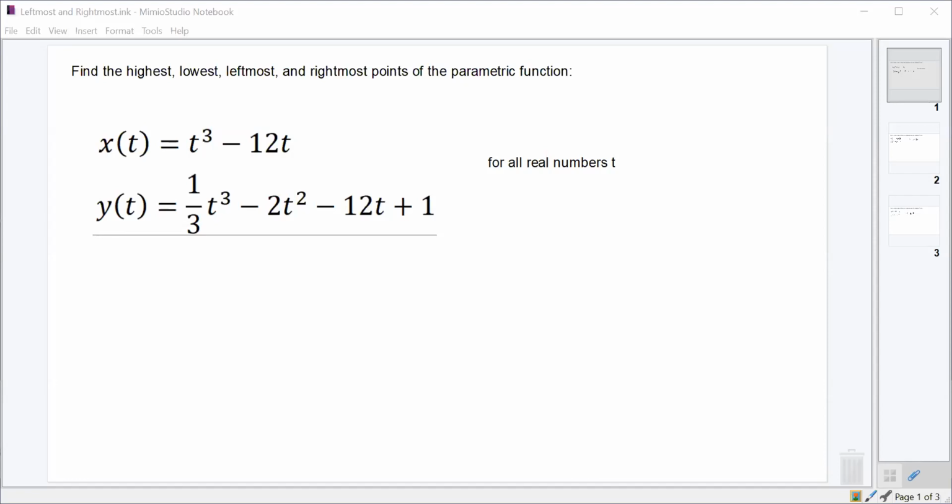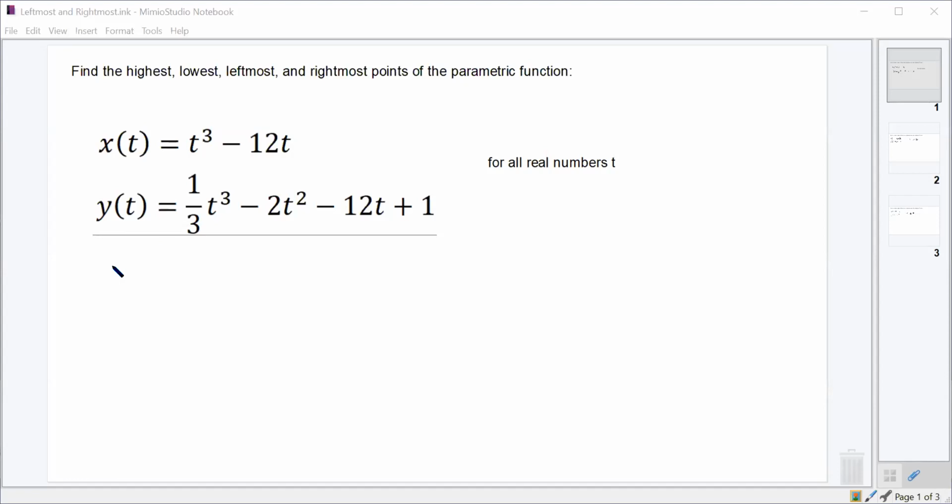X, everybody seems to want to do x. All right, x it is. So how do we find the min and the max of x? We need to find the derivative.